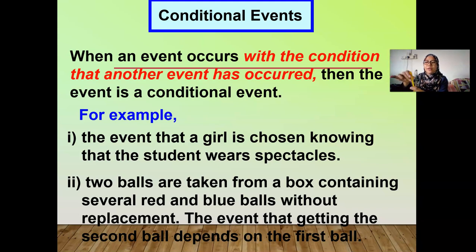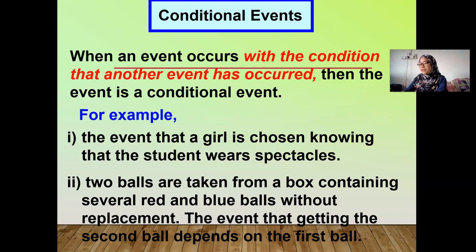Now I'm picking up my yellow pen. So this yellow pen, the probability will be 1/3. So the probability of picking up the yellow pen for the second event depends on the probability for the first one as well.